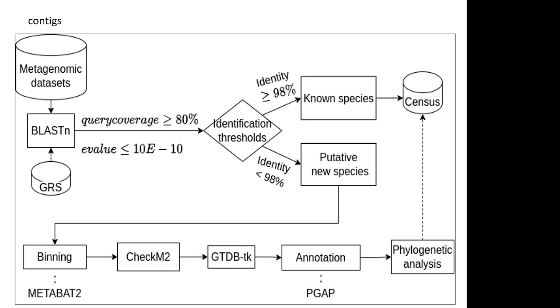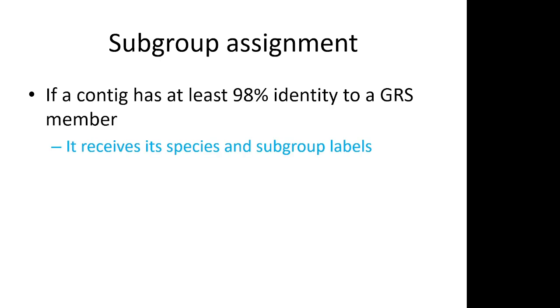I may well agree with him. For subgroup assignment, if a contig has at least 98% identity to a GRS member, then it receives its species and subgroup labels.